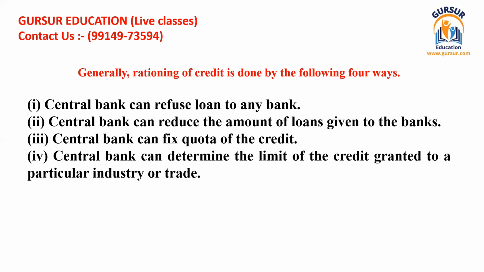First of all, it can refuse or reduce the amount of loan given to banks, then it can fix a quota for credit, then it can determine the limit of credit granted for a particular industry or trade as well. In this way, it can ration the credit which can be given to commercial banks.